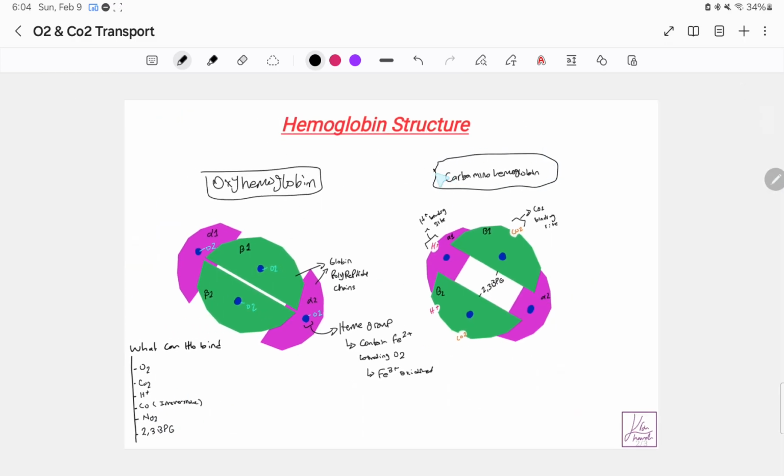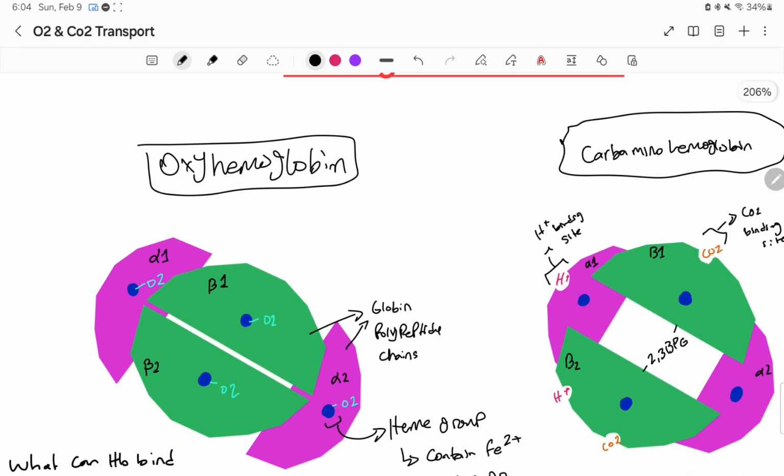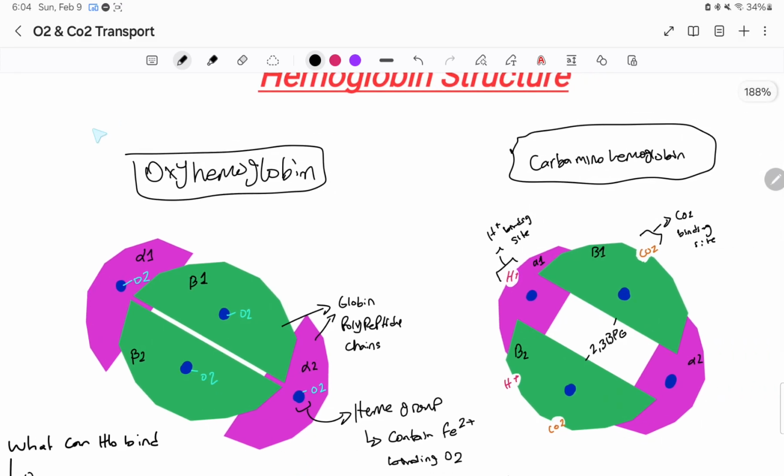All right, now briefly a little bit on oxyhemoglobin. You guys remember how we keep talking about the partial pressure of oxygen, right? Well, the partial pressure of oxygen is not actually exerted by the oxygen that's bound to hemoglobin. You guys remember how oxygen is transported in two ways, right?